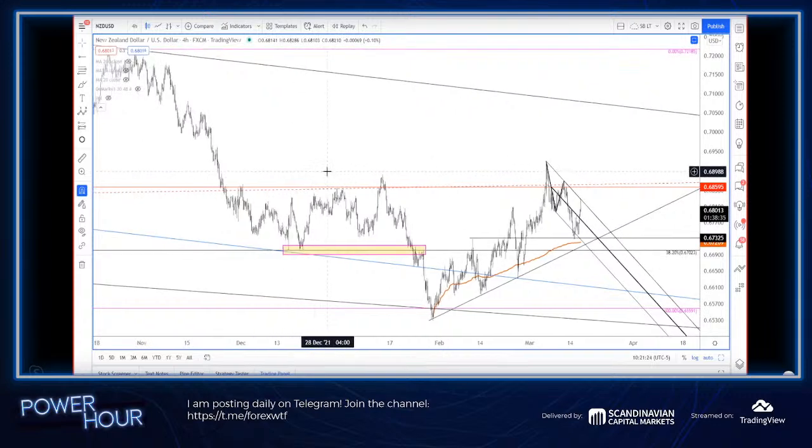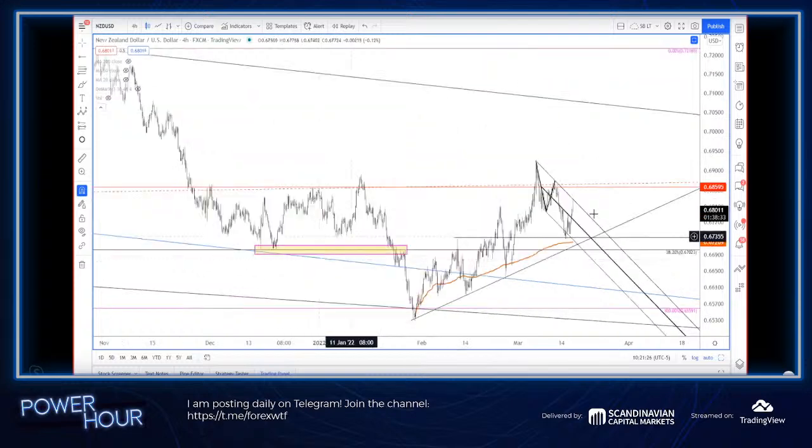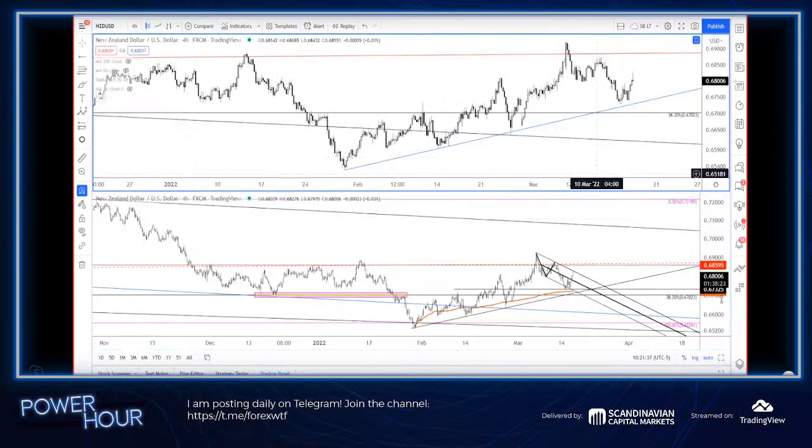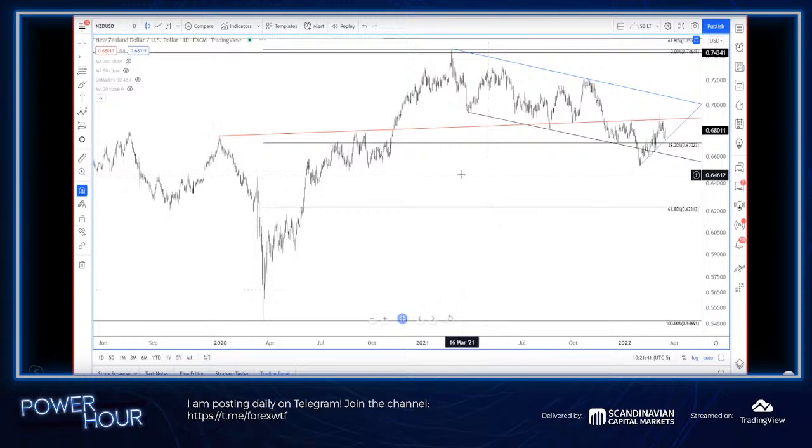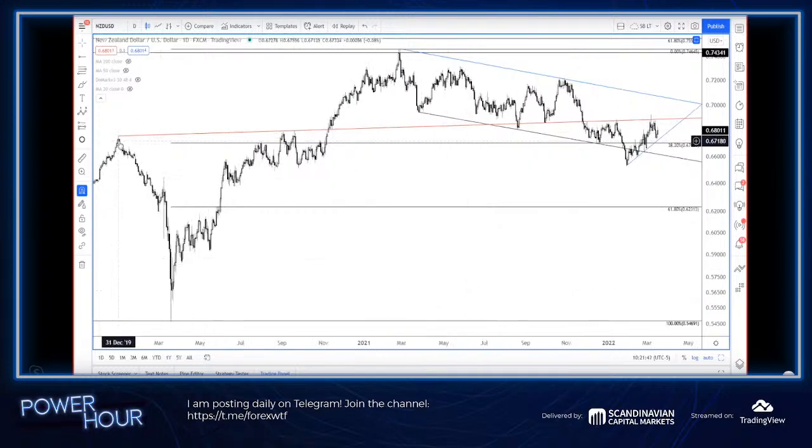What I am saying is that if we rip through this, right, then watch for kind of a bullish signal, watch for support from the top side. The key level, and we've looked at this for months, is this line here.